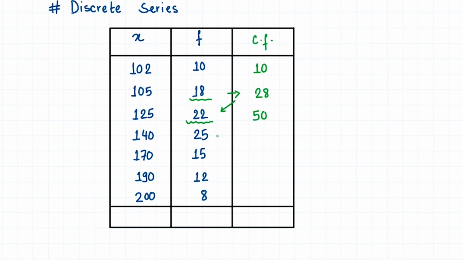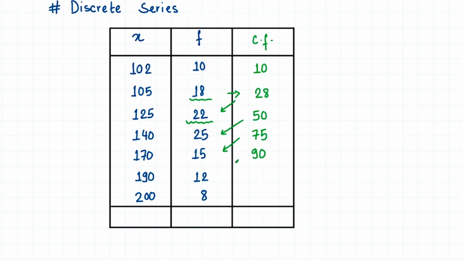Similarly, for our fourth one, we have already added these three frequencies, which gave us 50, right? Now we just need to add this 50 with this 25, and we get 75 as our cumulative frequency. So similarly, if we proceed like this, we can add this 75 and 15, and we are going to get 90.